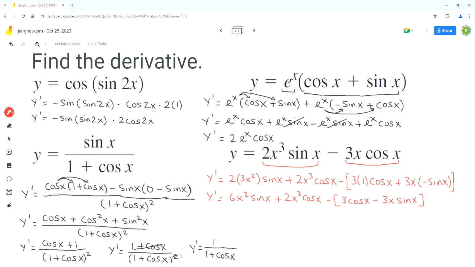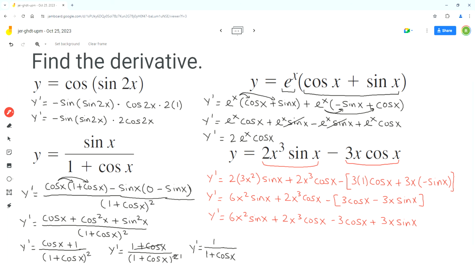Now in the next step, we can open up the brackets. So we distribute the negative sign in the brackets and we get and plus 3x sine x.